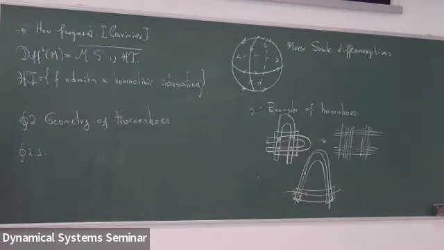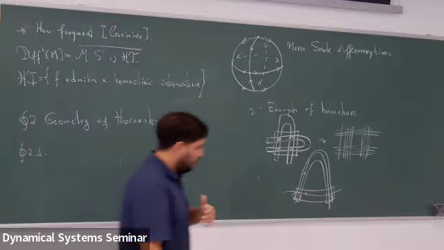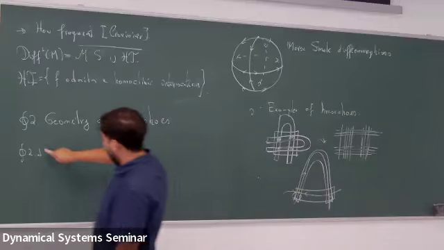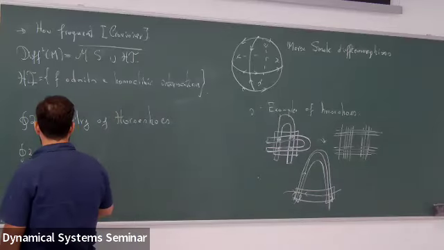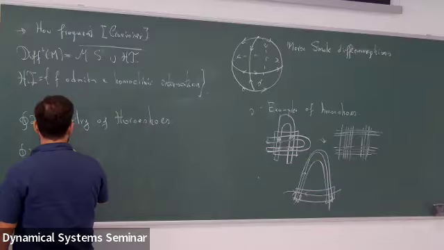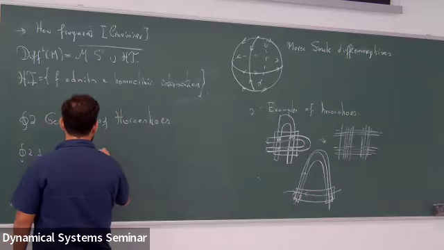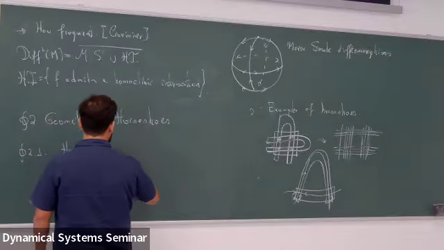Here many things are very well established, and they started in the late 70s, 80s, and 90s, and there was a lot of development in this area. So let me put horseshoes on surfaces.